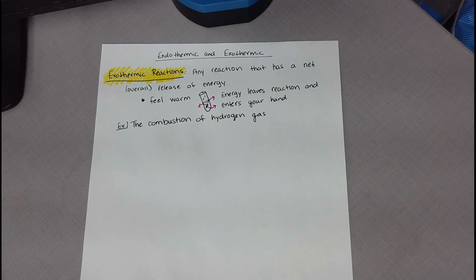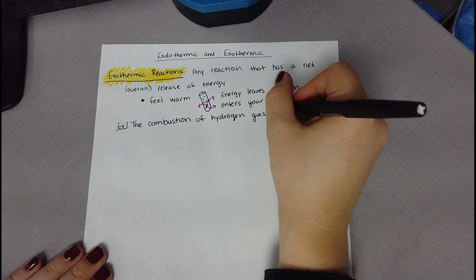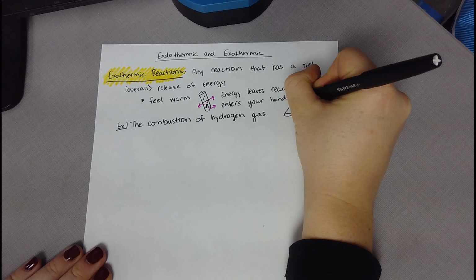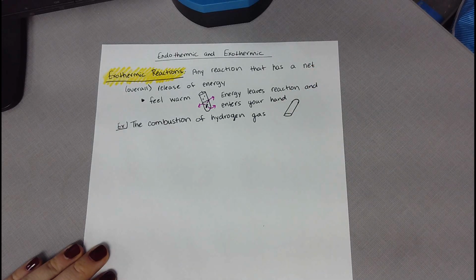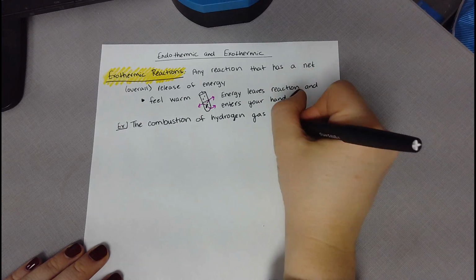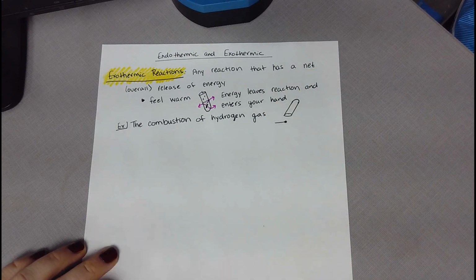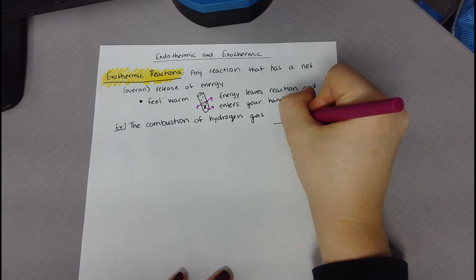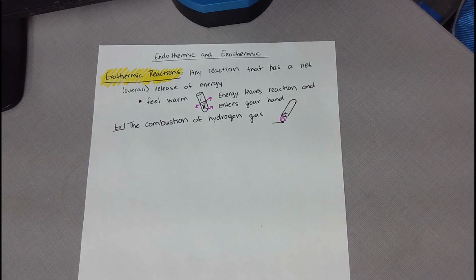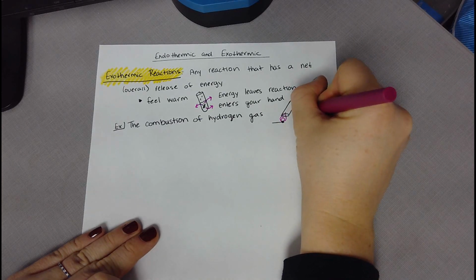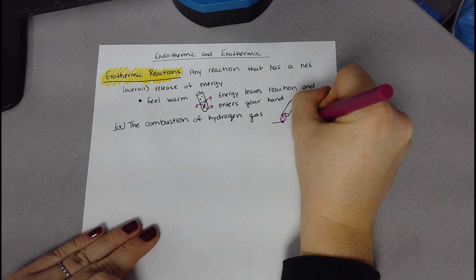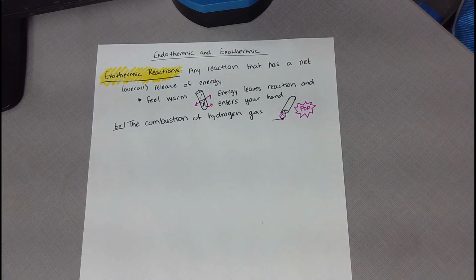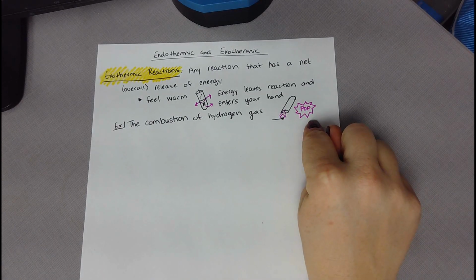So this is when you had that test tube tilted upside down, filled with that gas that you produced in the first reaction. You put a match under that test tube, and you heard a big pop. That pop was your sign that energy was leaving the reaction, exploding out of that reaction, audible to you.